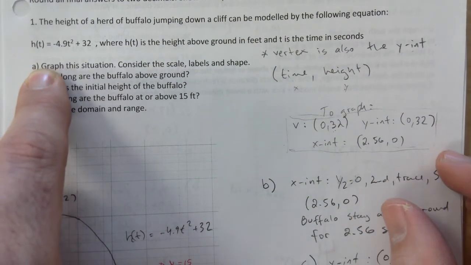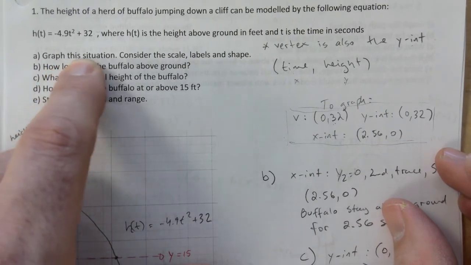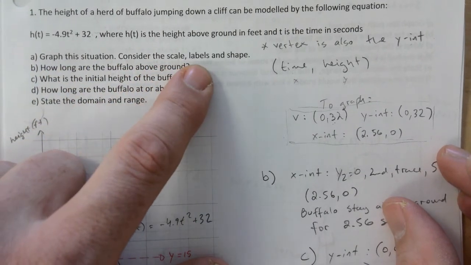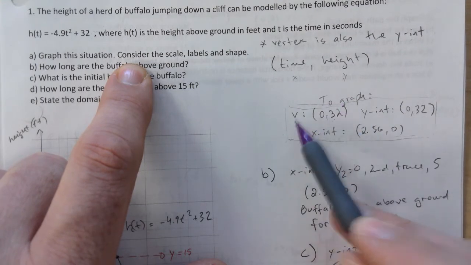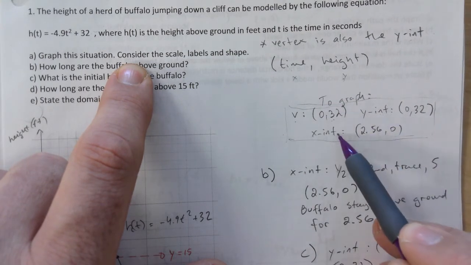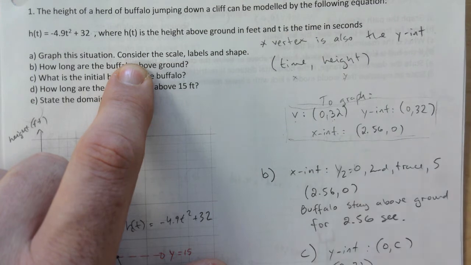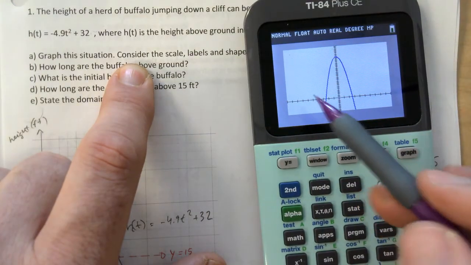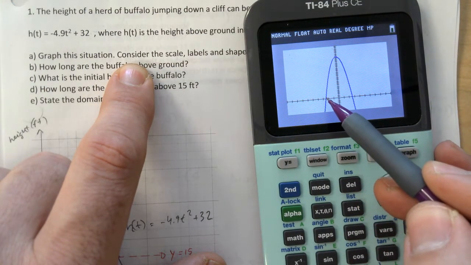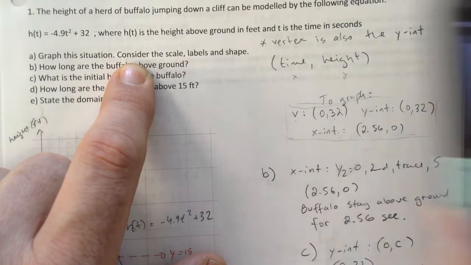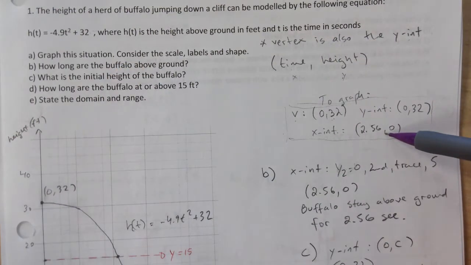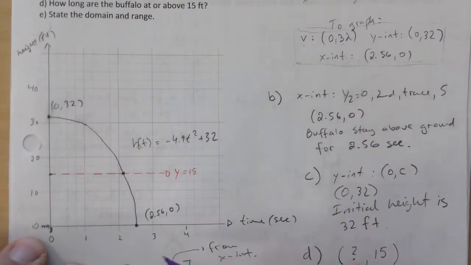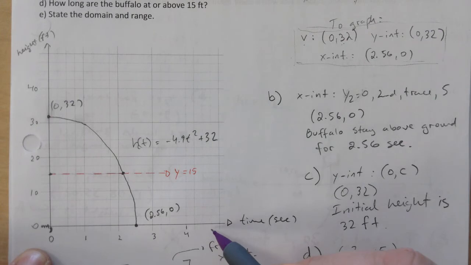The first thing is graph this situation, consider the scale, labels, and shape. To graph, I always want my vertex and the intercepts. Those are important to me. I don't care about this intercept, because it's in the negative domain. I can't use that. So I'm using the vertex and the x-intercept, and that helps me set up a scale.